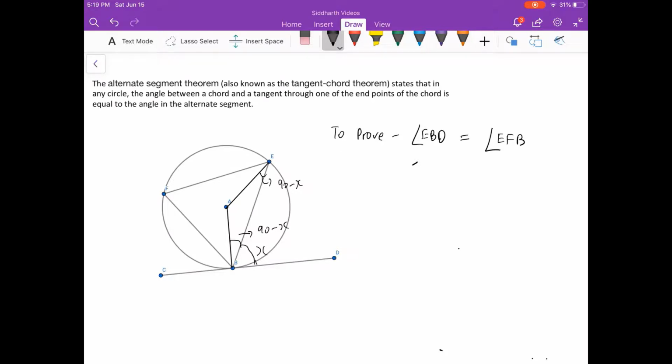That means angle EAB is equal to 180 minus (180 minus 2x).